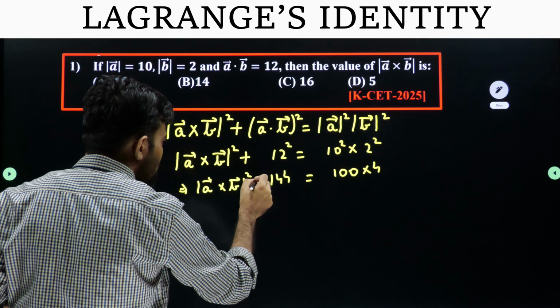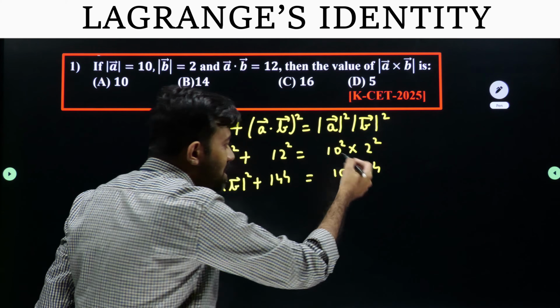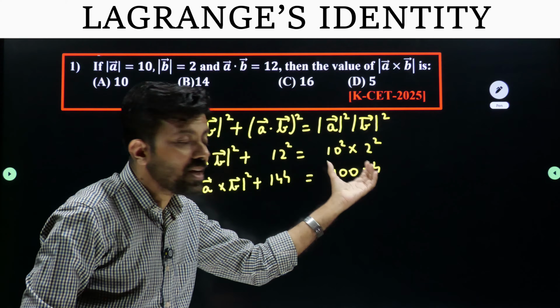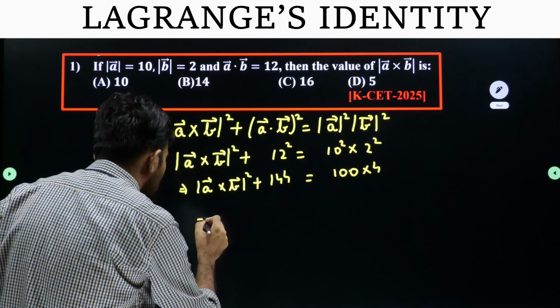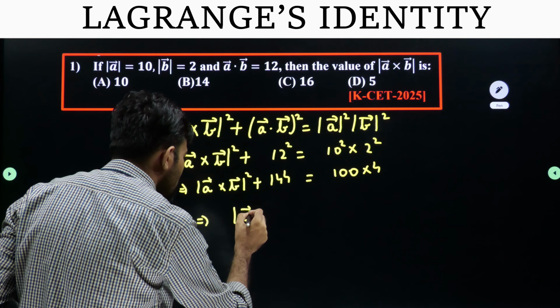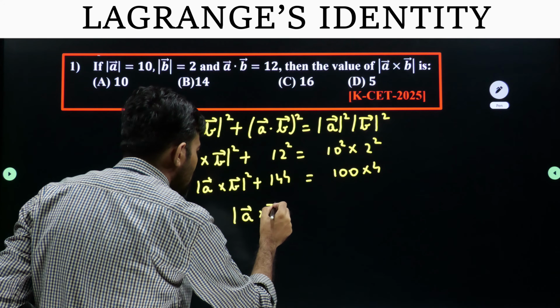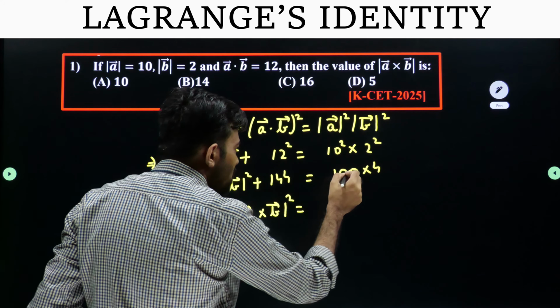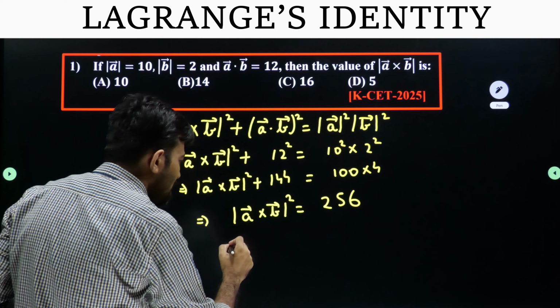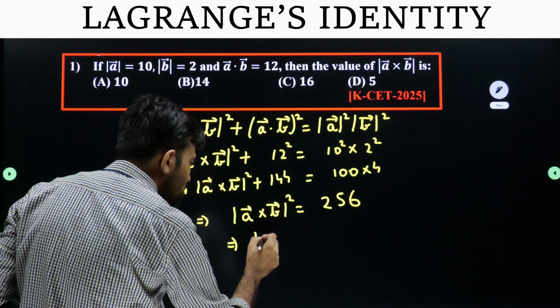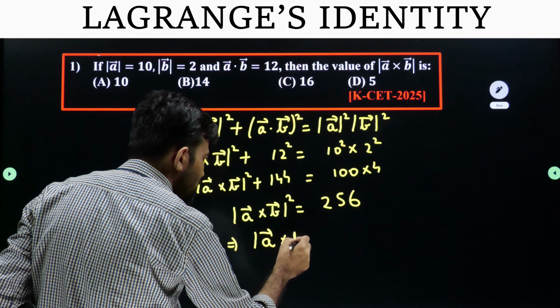Keep as it is. Move this to right hand side. 100 into 4 is 400. 400 minus 144 is 256. So magnitude of A cross B square is equal to 256. Taking square roots, magnitude of A cross B is equal to 16.